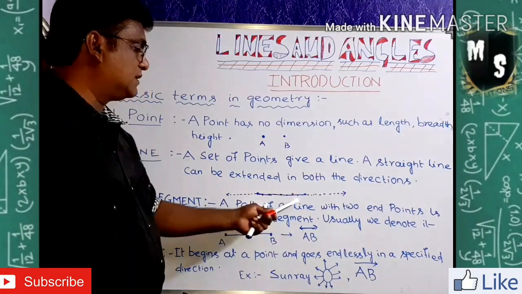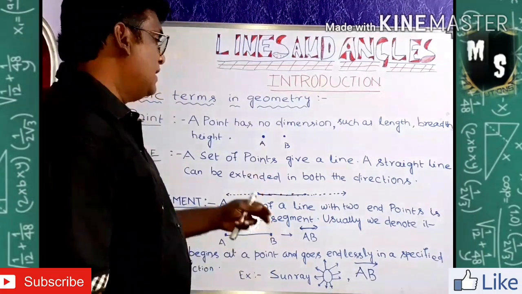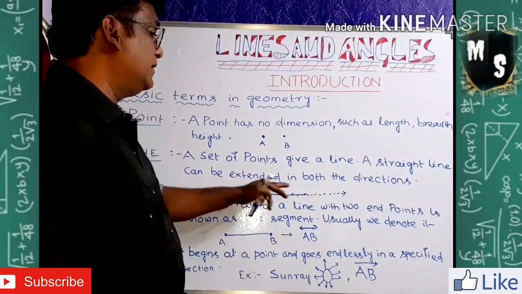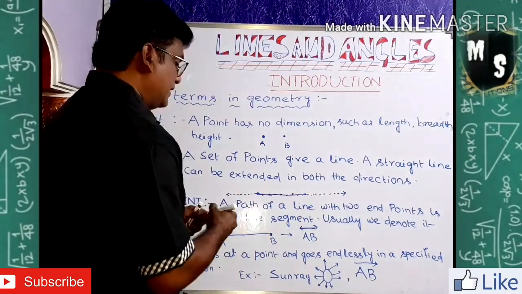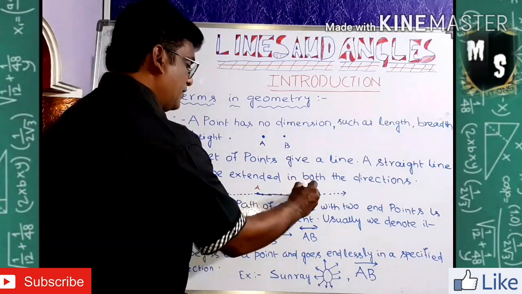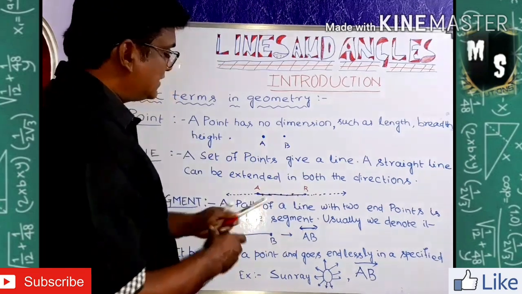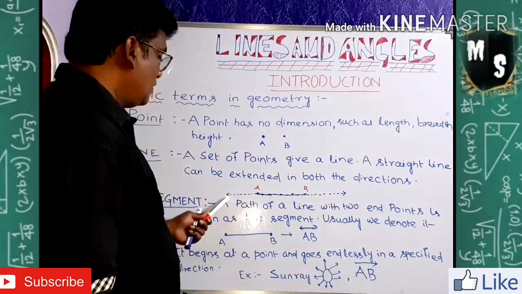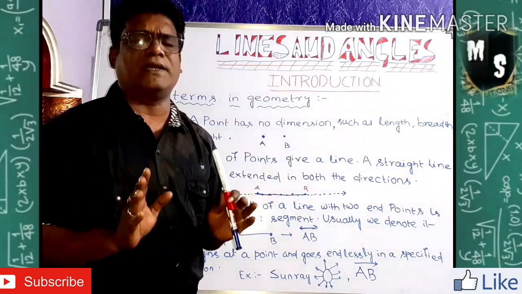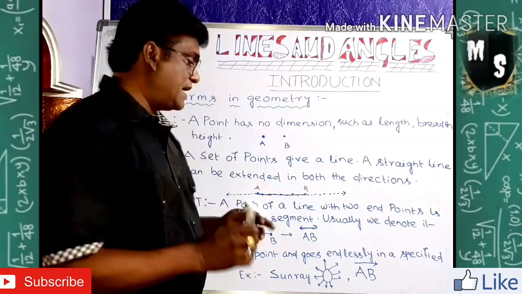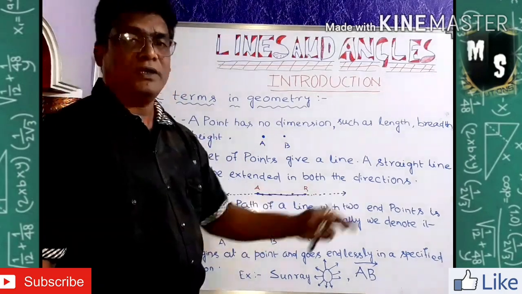A straight line can be extended in both directions. Suppose I am writing here A, B. This line can be extended in both directions. So a straight line has no endpoints. It can be extended in both directions.